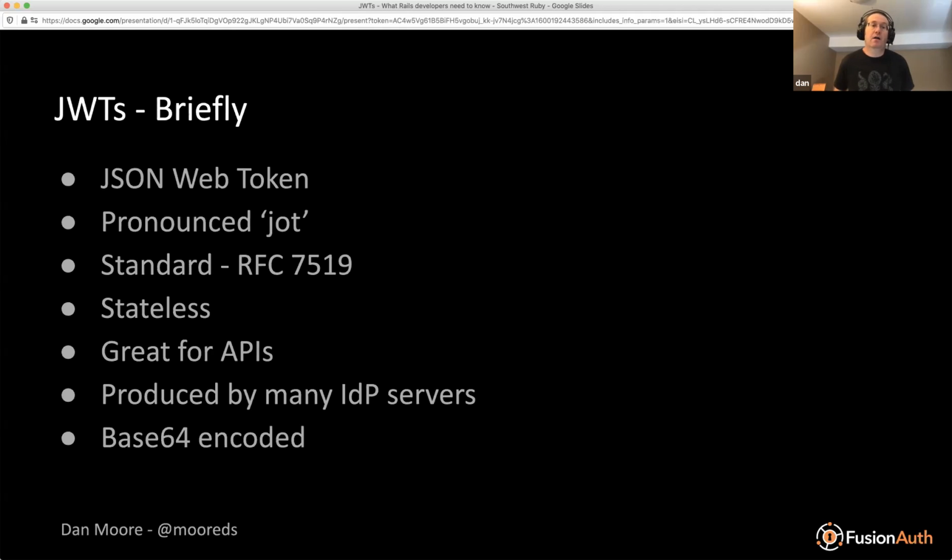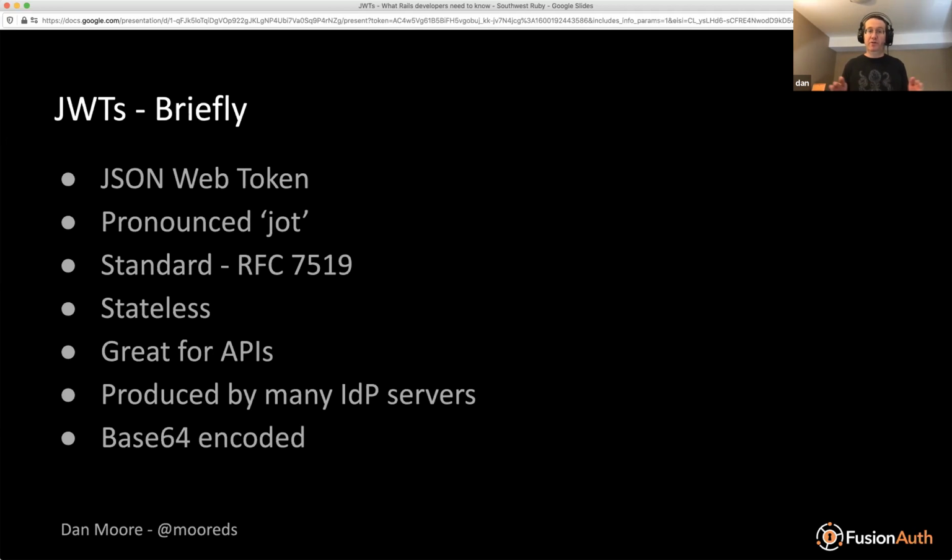So JWTs are a web standard. They are pronounced "jot", and it stands for JSON Web Token. Basically, it is a stateless, portable identifier for identity. It's really great because you can have one system produce a JWT, and then you can provide it as a means of authorization, or authentication, depending on what the contents of the JWT are, for other systems.